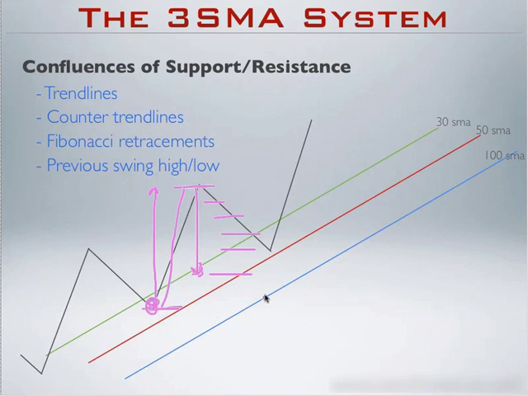All right. Now, I personally only pay attention to the 38, 50, and 61 Fibonacci retracements. I don't care for the 23 nor for the 76. Okay, I like to see my retracements fall somewhere between the 38 and the 61% Fibonacci retracement.